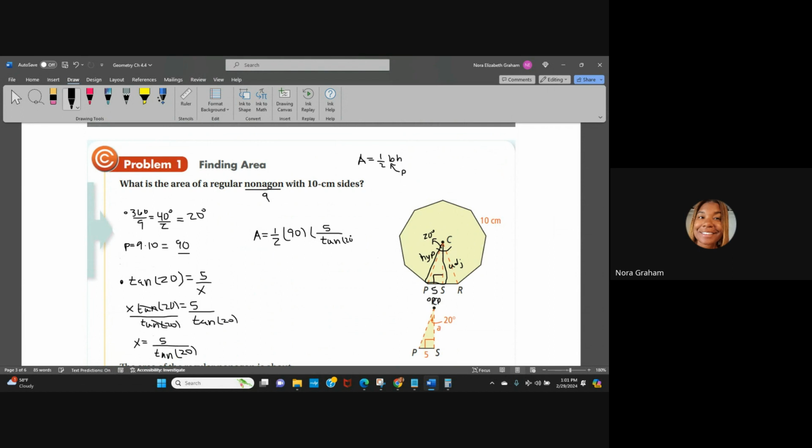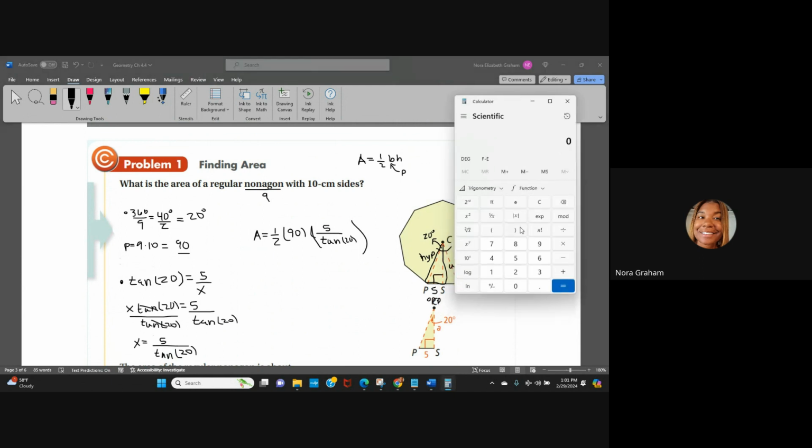All right, so let's go ahead and plug this in our calculator and see what we get. This is that other parentheses right there. Sorry, that looks a little weird. So let's pull up the calculator. Here it is. Since I'm using this calculator on my computer, if you use a scientific one, it's a lot easier to use. So I'm gonna put my things in parentheses just so I make sure everything's right.